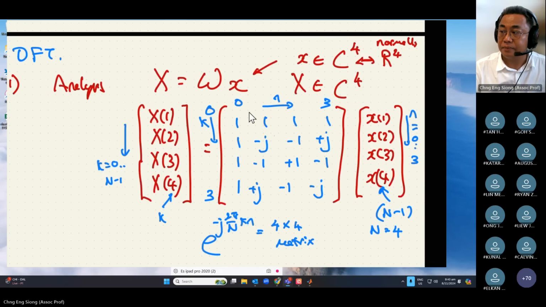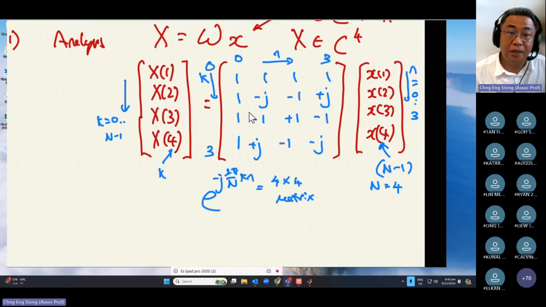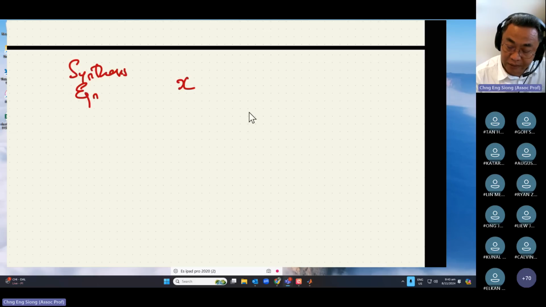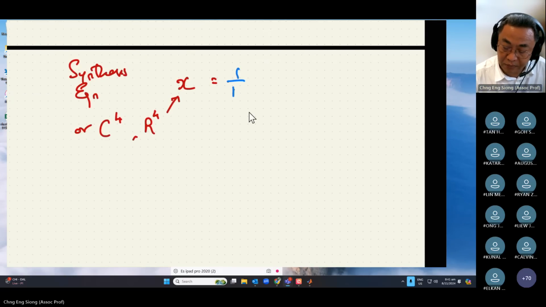Okay. All right. If you have understood the analysis equation, let us then just go through what is the synthesis equation. It's the small x. It is, for example, R4, or in fact, it can be C4, and it is 1 over n. That's the key difference, right? It is 1 over n.